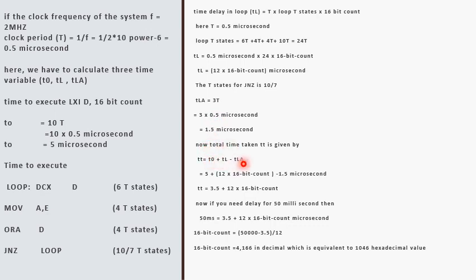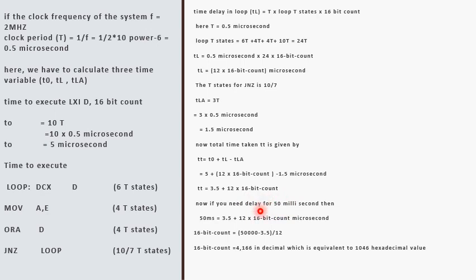Now total time taken is equal to T0 plus TL minus TLA. So T0 is equal to 5, plus 12 into 16-bit count, minus this 1.5 microseconds. So that is equal to 3.5 plus 12 into 16-bit count value.